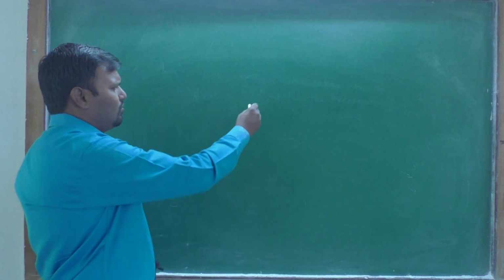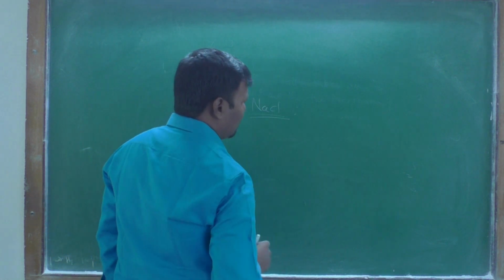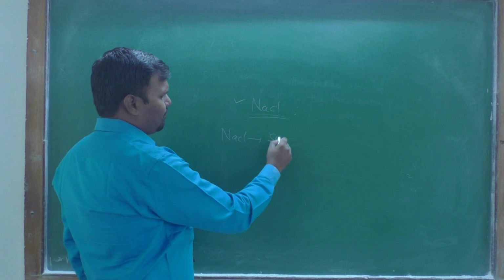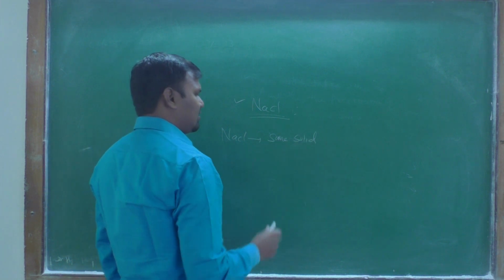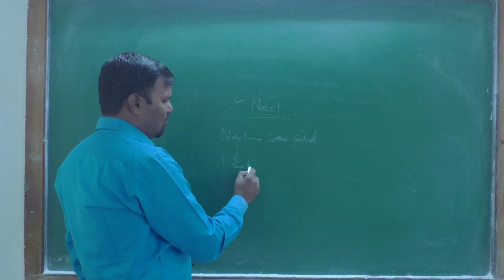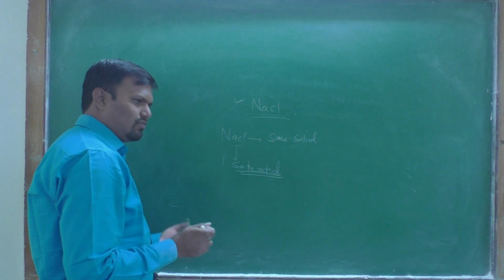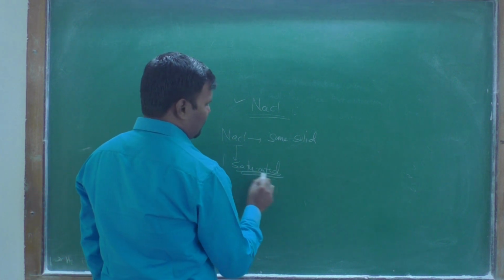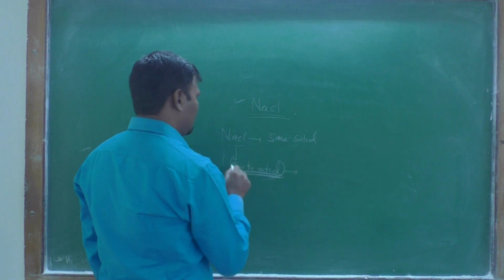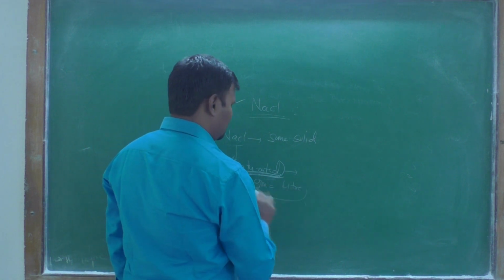Okay, now to purify NaCl, common salt, we can also use the solubility product. In NaCl there is some solid impurity present at the start. Therefore you have to make a saturated solution. We know how many grams we can take for 1 liter of NaCl, a particular concentration and a particular gram. You use the particular grams of NaCl and add a particular liter of solution, and you obtain a saturated solution.